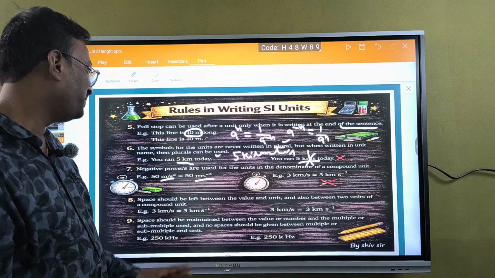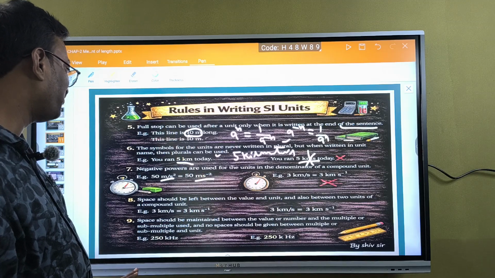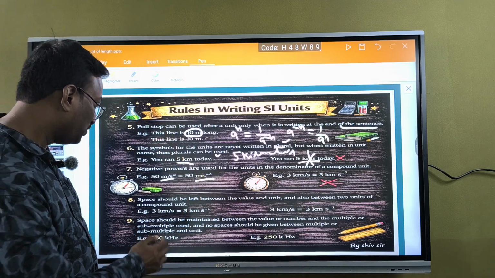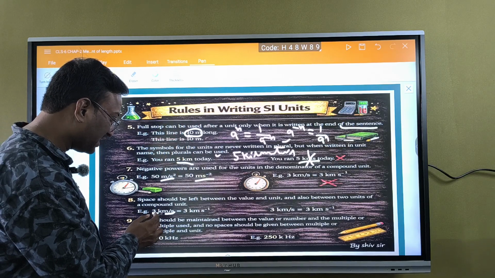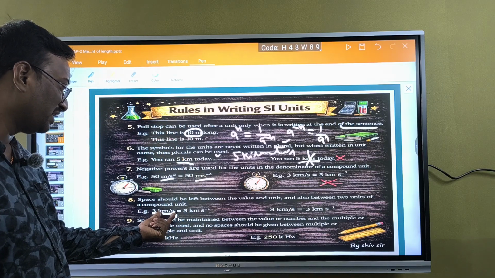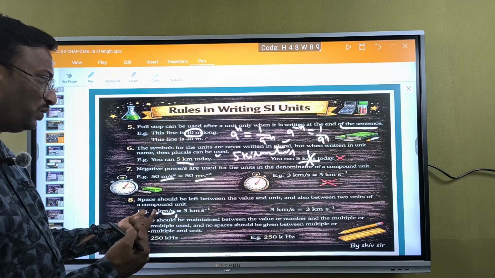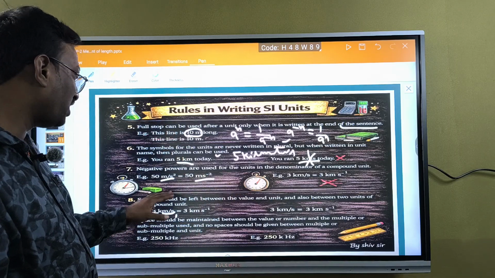Space should be left between the value and a unit, and also between two units of a compound. See here, you are having 3 kilometers per second. In between 3 and kilometer per second, there should be a space. Kilometer per second is only one thing. 3 is a different thing. So you should put one space. And also between two units of a compound.